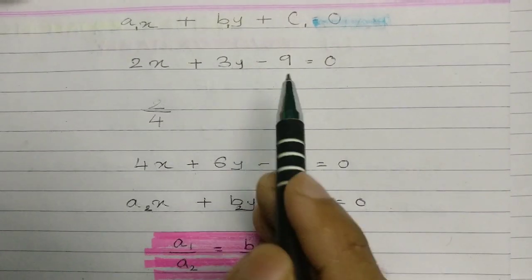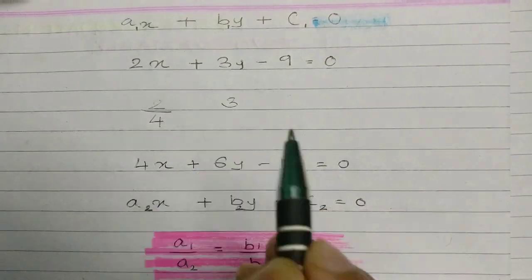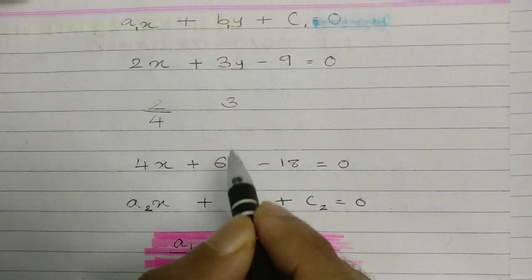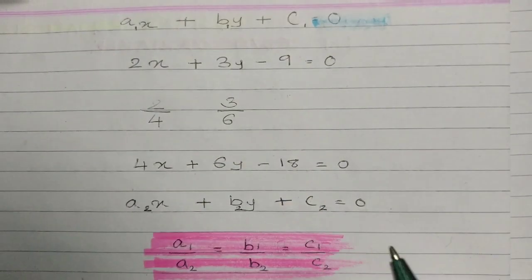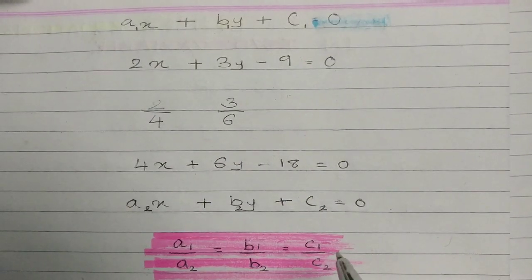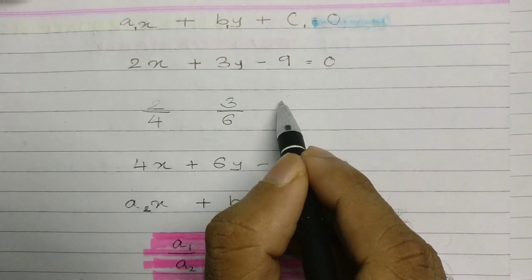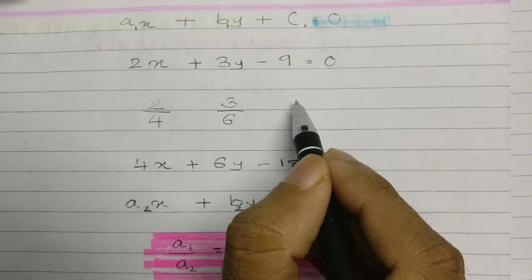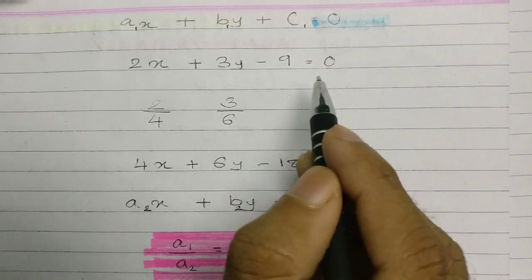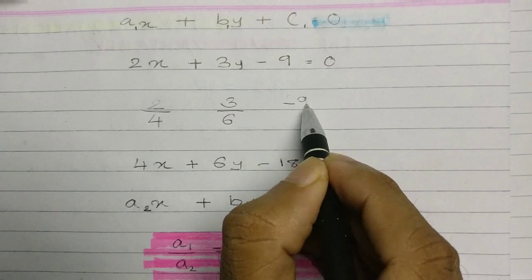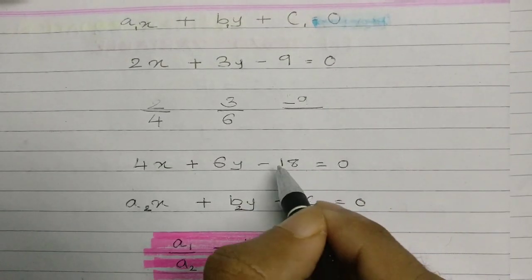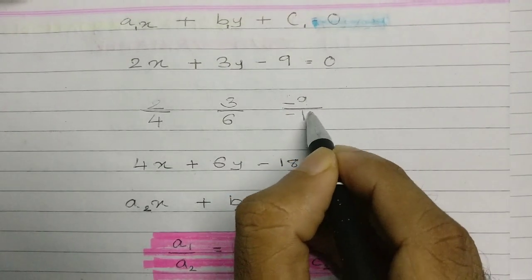So b1 is over here, which is 3, and b2 is 6. Same way, c1 is it 9 or minus 9? I'm sure by now you know it is minus 9 upon minus 18.